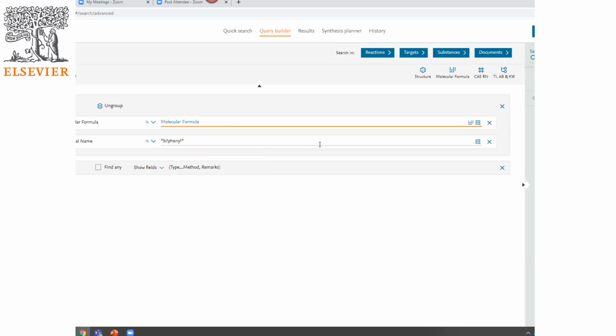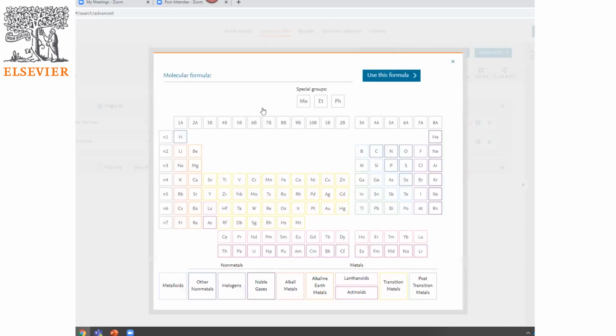Over there, we can use any molecular formula, we can type it, but we can also use this periodic table. So what should our biphenyls have? They should have 12 carbon atoms. They should have hydrogen atoms, but we don't know how many, so we put a question mark.